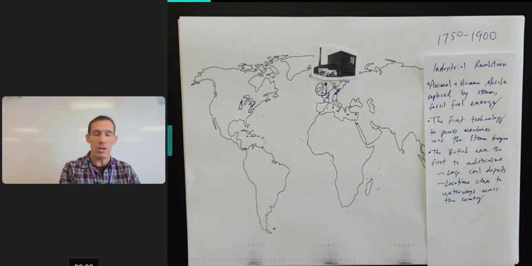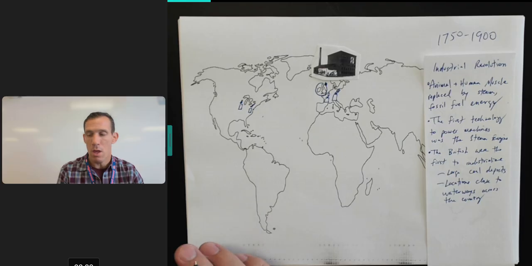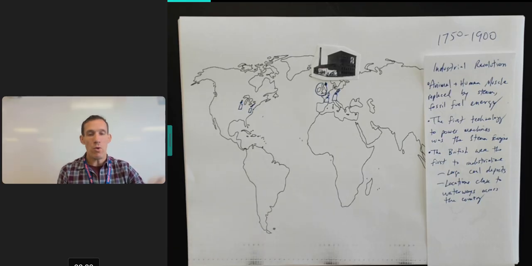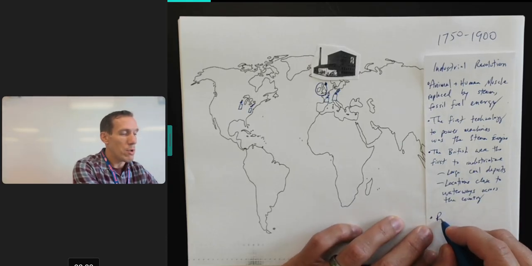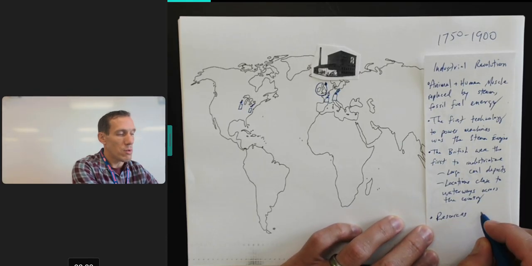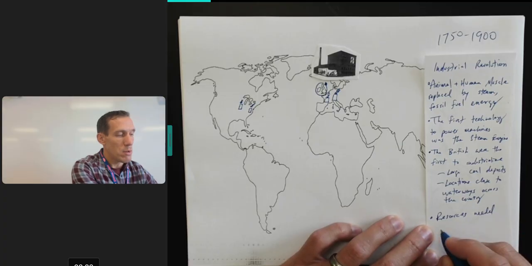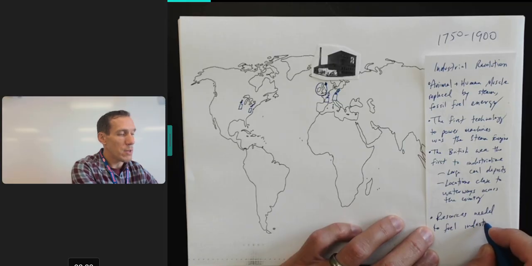As industrialization was happening, people were able to build and create things way faster than ever before. Because of that, resources were needed to fuel that industry. So I'm going to put another point here: resources needed to fuel industry.